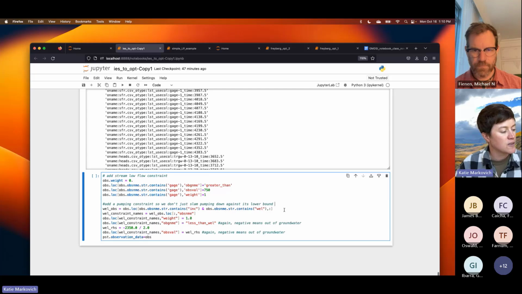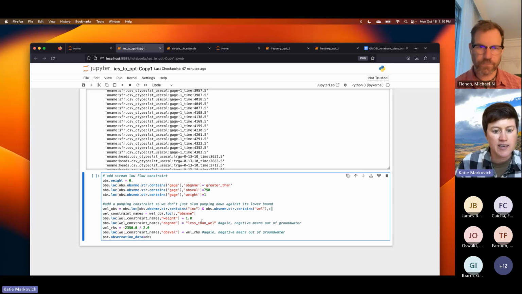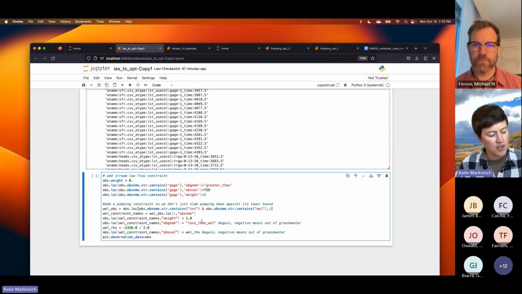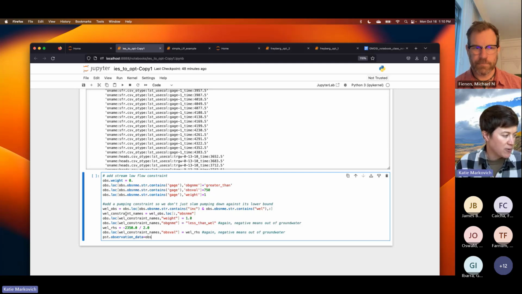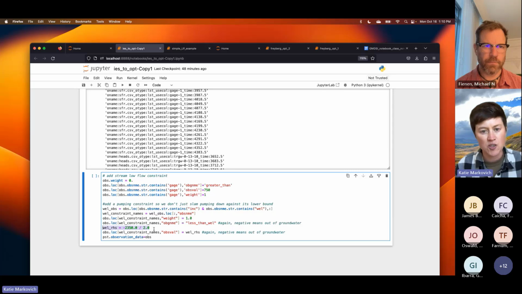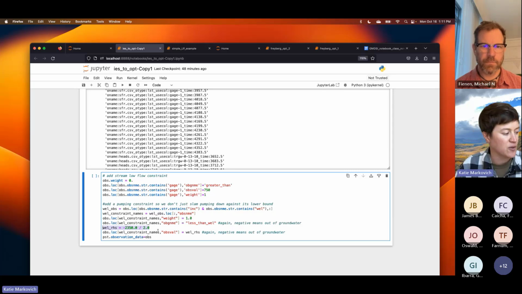And so let's just say we don't really want pumping to just go to zero just to satisfy a constraint at some point in time. So we want to give it something a little bit more tricky to balance, right? So we want to say here that pumping should never go below this 2,350 divided by 2, which is just some arbitrary value of pumping.